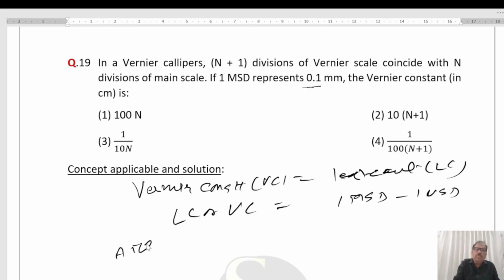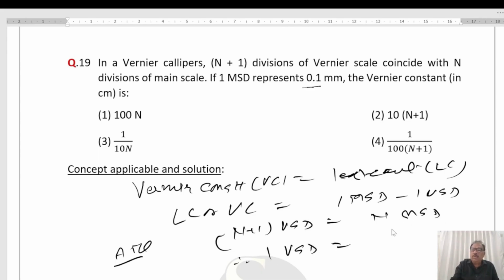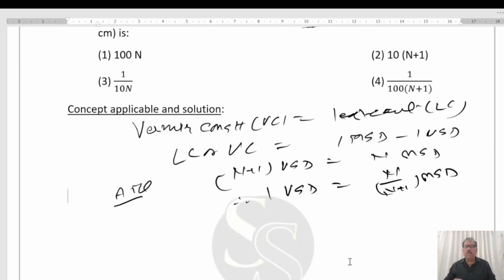According to the question, n plus 1 VSD equal to n MSD. Therefore, 1 VSD equal to n over n plus 1 MSD. Now substituting, the Vernier constant will be equal to 1 MSD minus n over n plus 1 MSD.